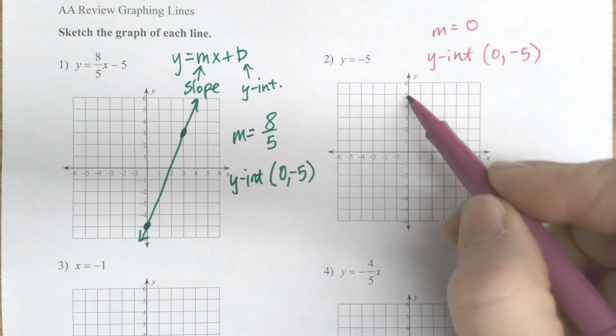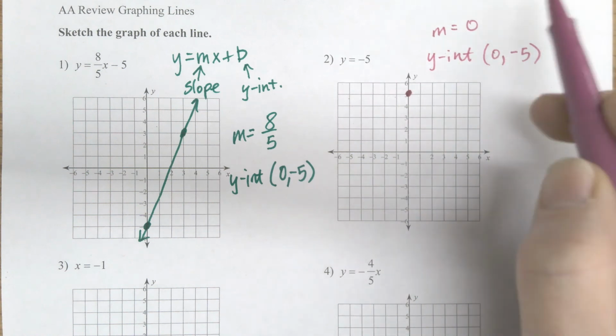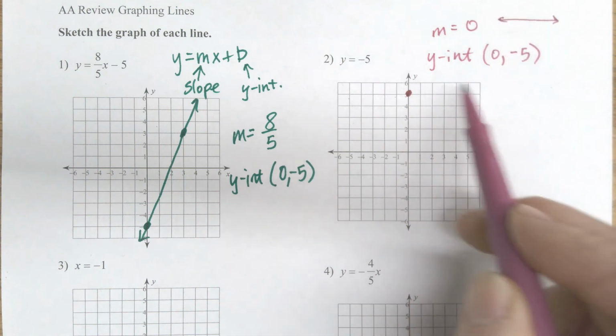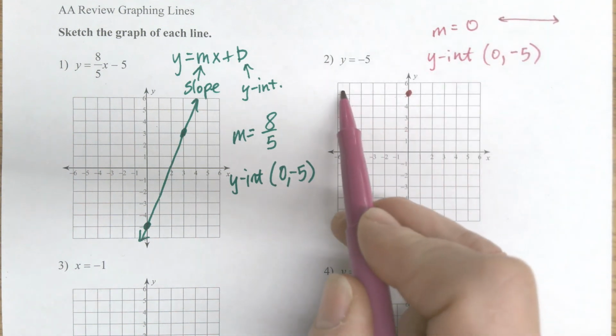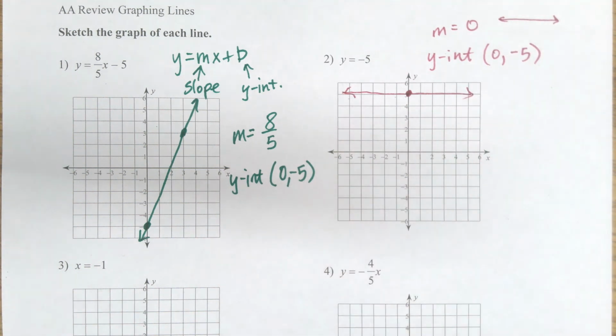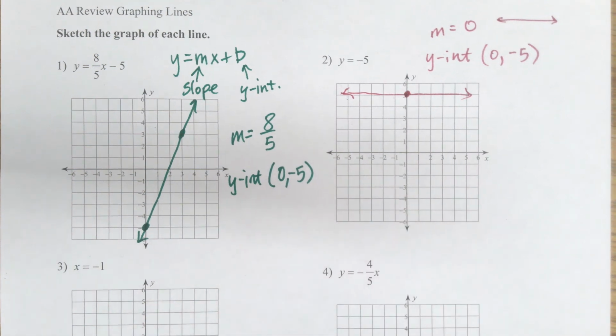So if I plot my point at -5, a slope of 0 is a flat line. That means there is no rise. And so I just draw this flat line that crosses the y-axis at -5. But all of the ones that we're doing today are linear equations.